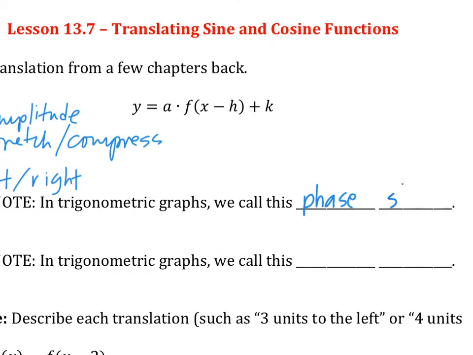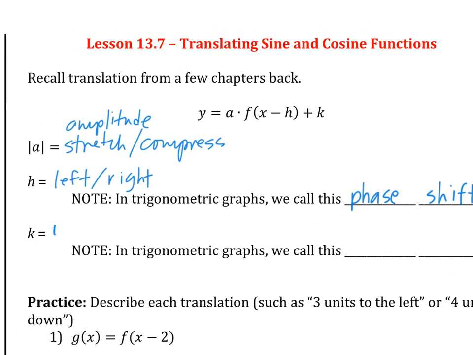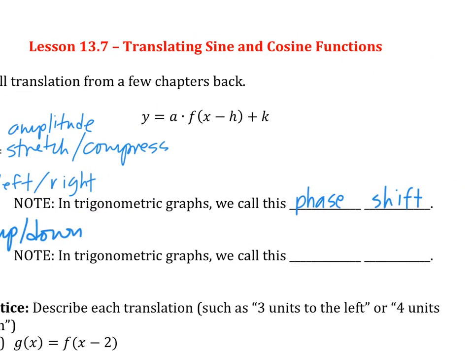It is going left and right, but we just call it a phase shift. So we'll say, oh, this is a phase shift of pi over 2. And then we can say if it goes left or right. Okay, K does what? Up and down. And then that is the vertical shift.